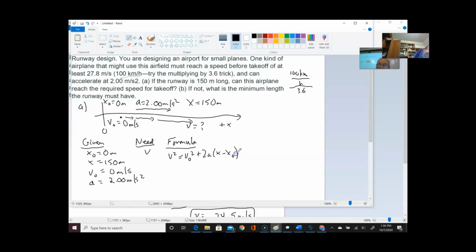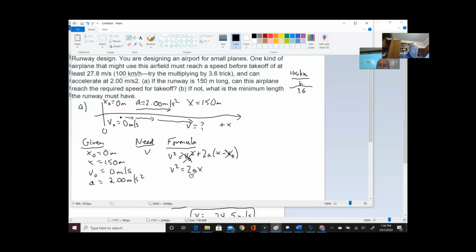Okay, there's no choice. I do know that a couple of things have dropped out. Remember, we said that you should always start solving this by showing things that are going to end up being zero. I know that my initial velocity is zero, so I'm going to cross that out. And I know that my initial position was zero, so I'm going to cross that out. And that leaves me with v squared equals 2ax.